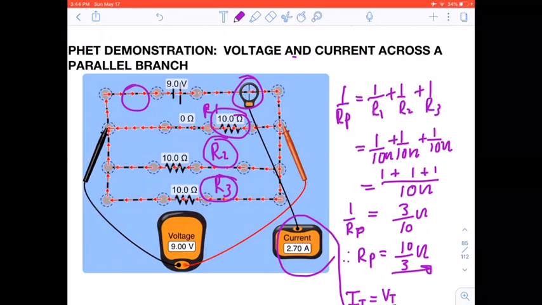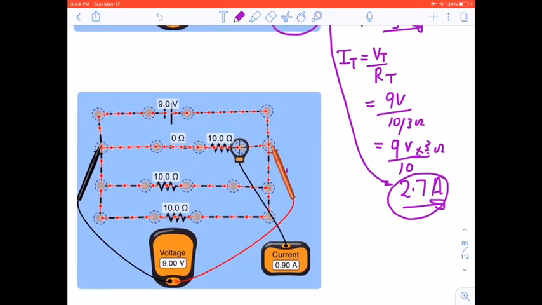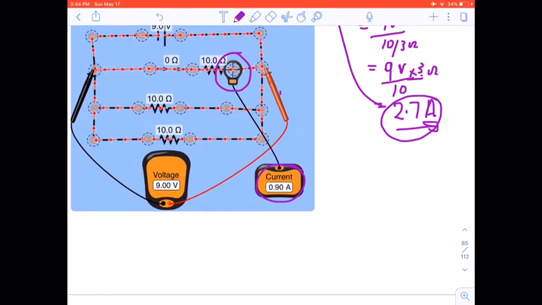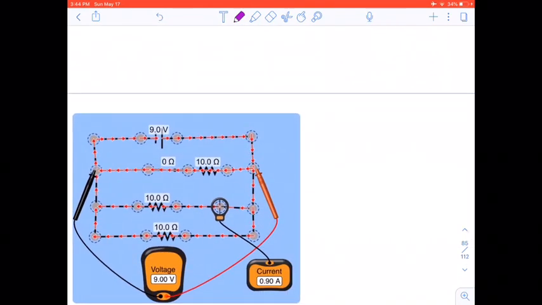So if we now look at this, I've illustrated here, in that 10 ohm resistor we got 0.9 amps, right, which is the current in R1. If we now look at the next one, we find that there again it's 0.9 amps, right?